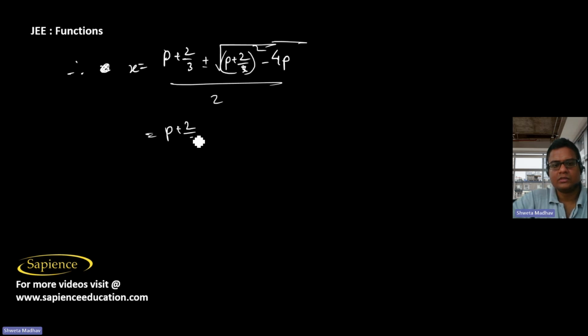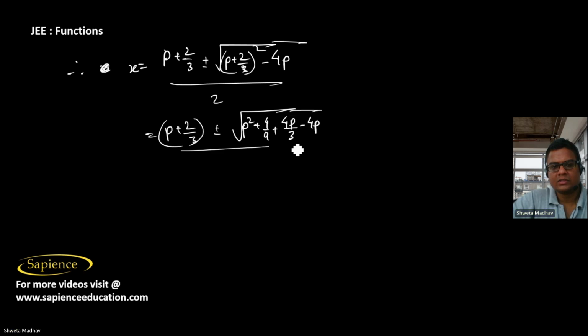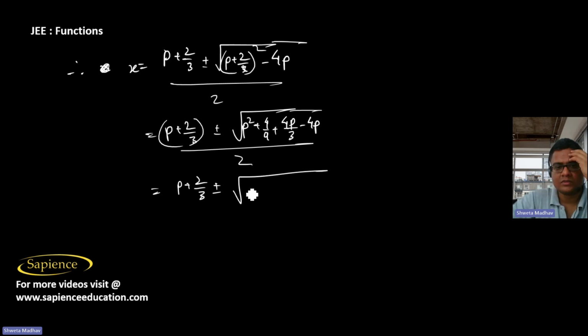So this will be p plus 2 by 3 plus or minus square root of p square plus 4 by 9 plus 4p by 3 minus 4p, divided by 2. So this will be p plus 2 by 3 plus or minus square root of p square minus 8p by 3 plus 4 by 9, by 2.